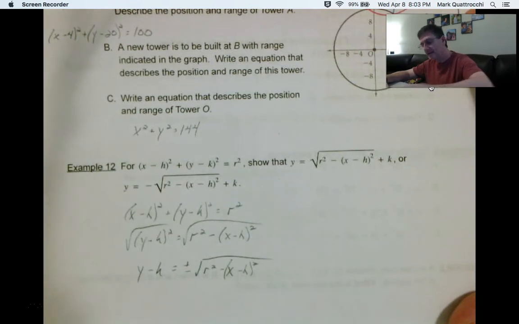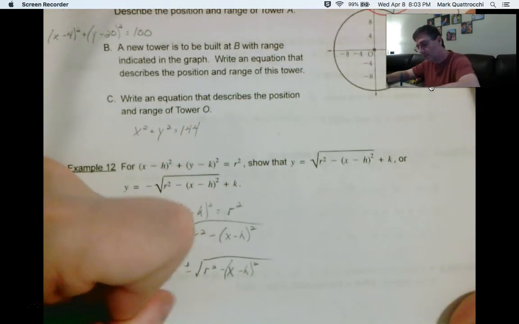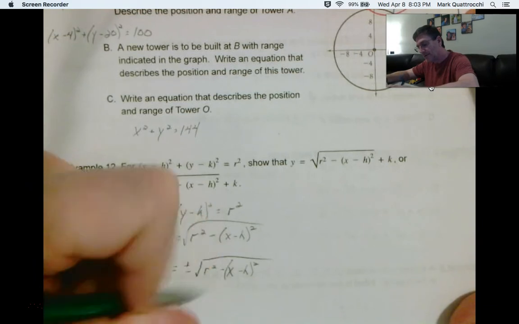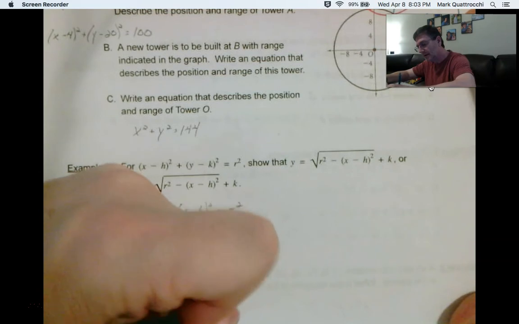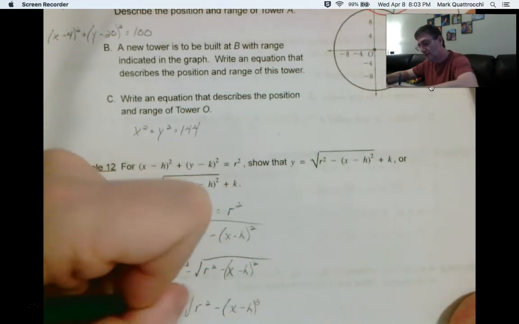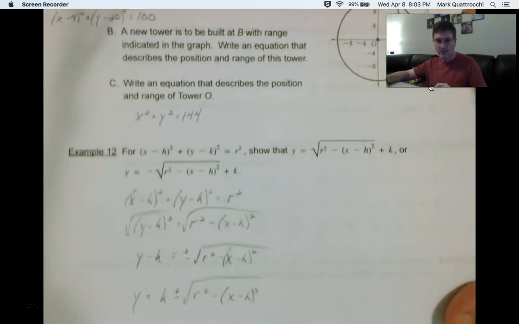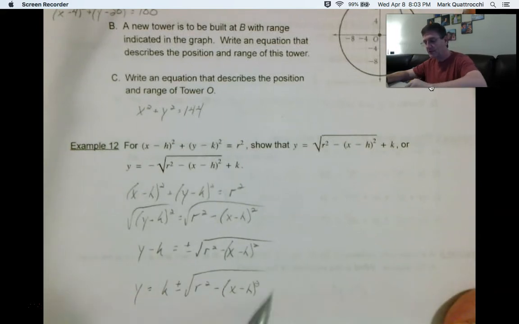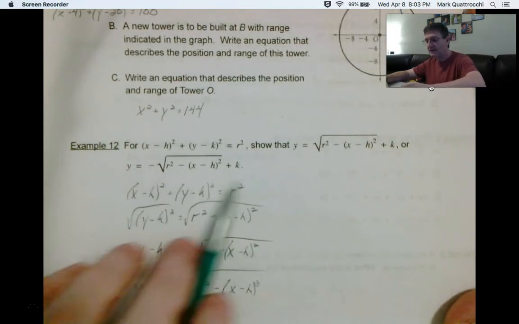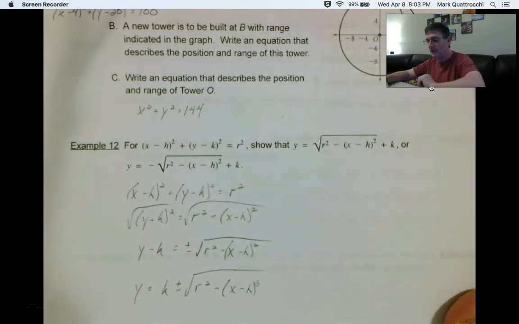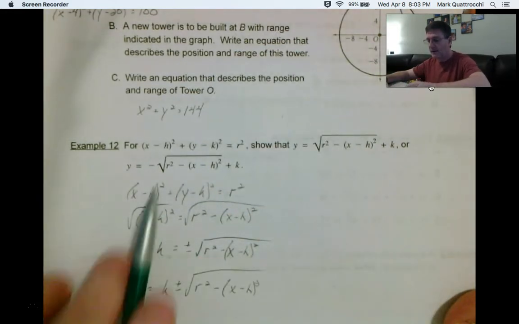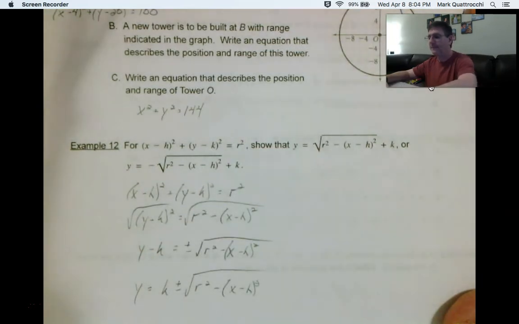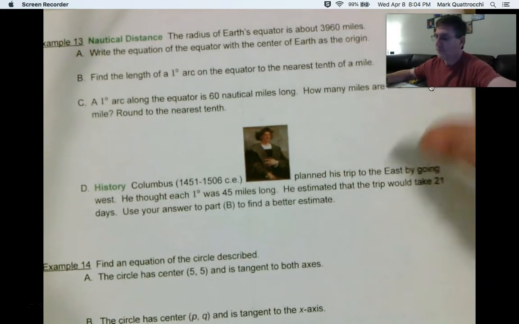Add k to both sides. y equals k plus or minus the square root of r squared minus (x minus h) squared, all inside that square root. And this expression is this one and this one all in one. I reordered it to put the k out in front, but it's exactly the same. That's example 12.